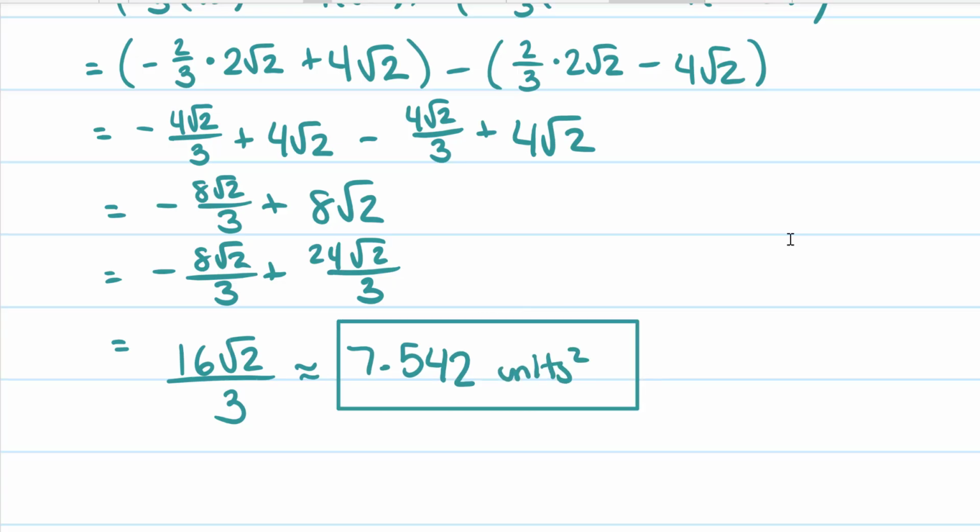After integrating that and combining like terms, you get 16 square root of 2 over 3, which is approximately 7.542 units squared.